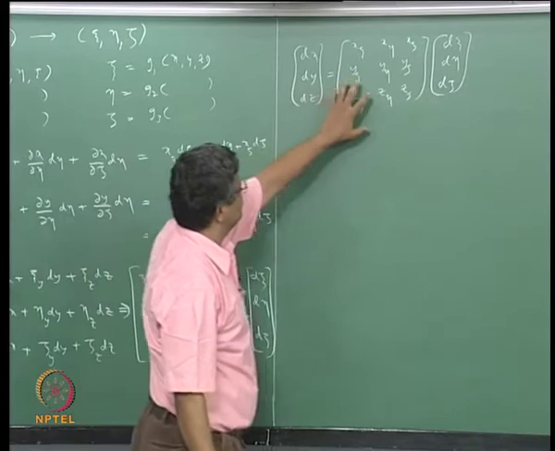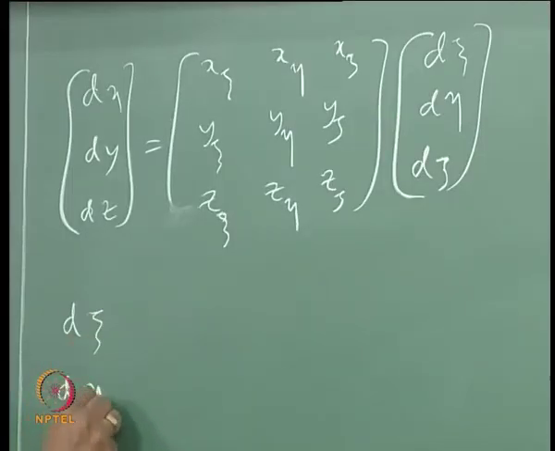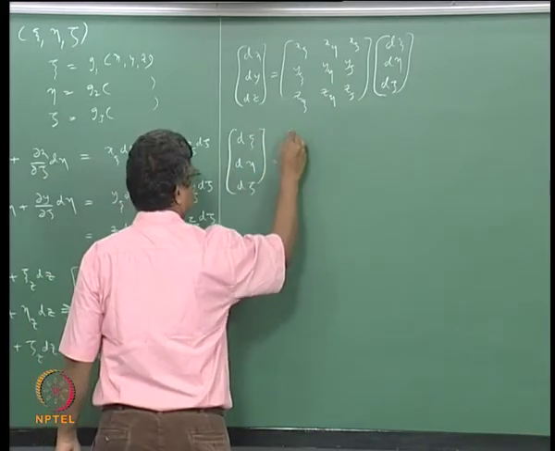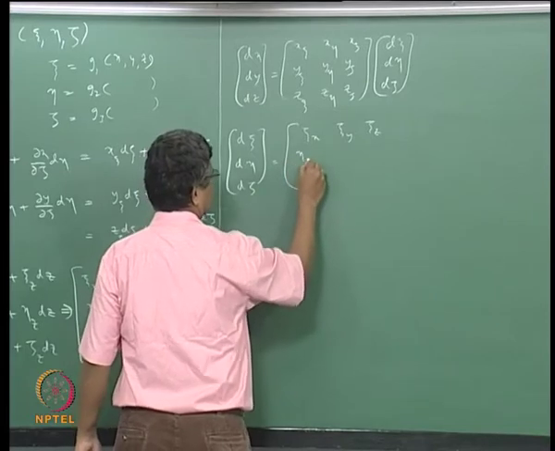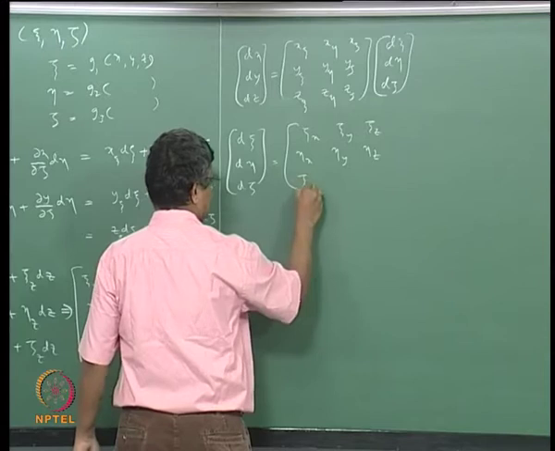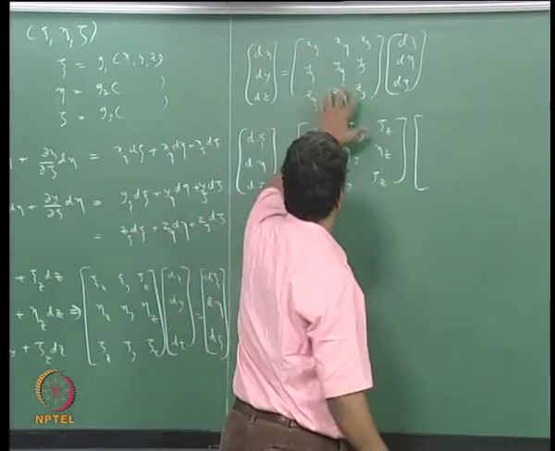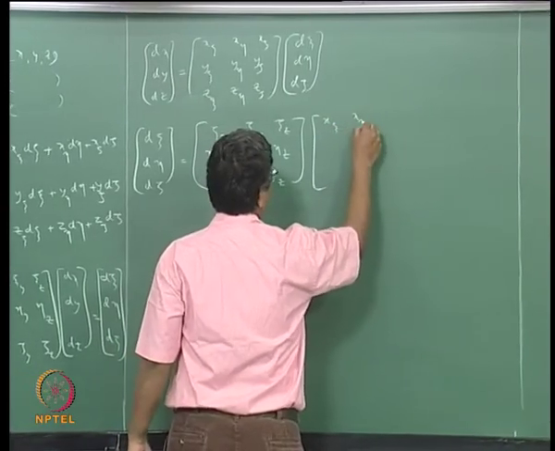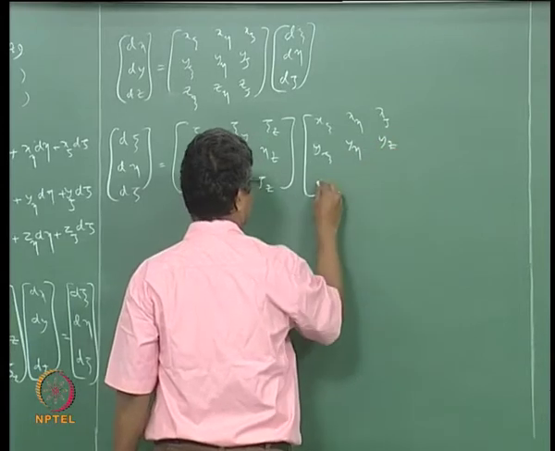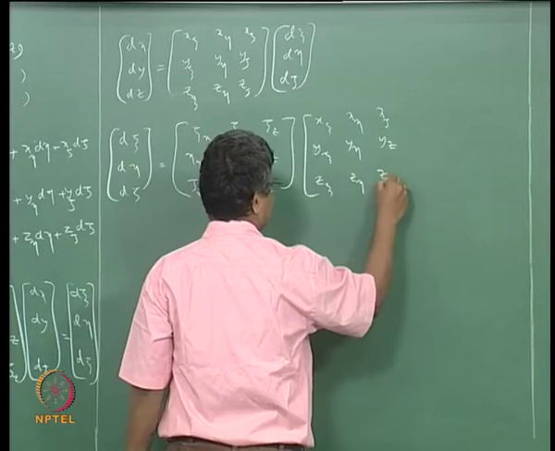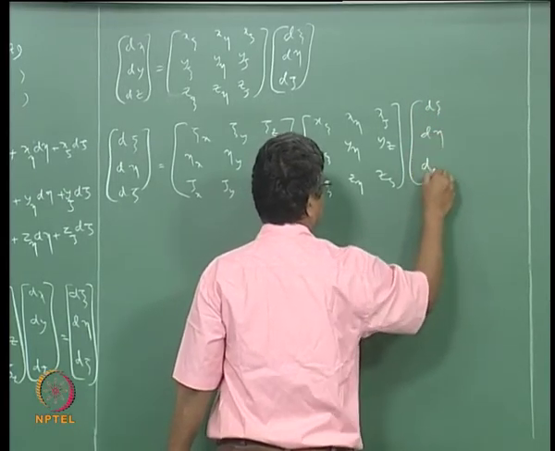So we can substitute this for dx dy dz here, and therefore write d psi d eta d zeta equal to the matrix psi x, psi y, psi z; eta x, eta y, eta z; zeta x, zeta y, zeta z, times, substituting for this thing here, the matrix x psi, x eta, x zeta; y psi, y eta, y zeta; z psi, z eta, z zeta, times d psi, d eta, d zeta.